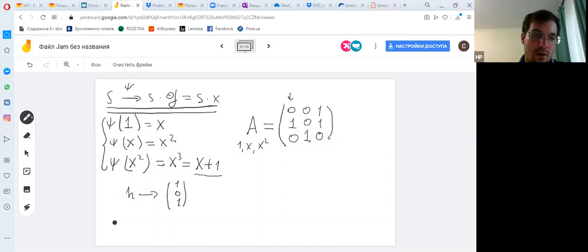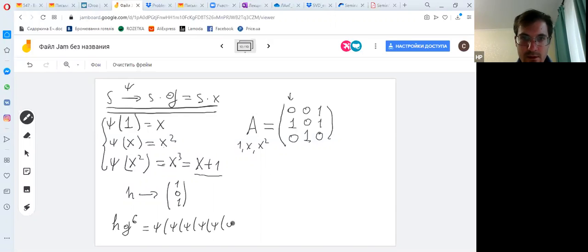If I want to compute H multiplied by G in the 6, it is psi to the 6th power from G from H, and this is A multiplied by A multiplied by A, and so on.